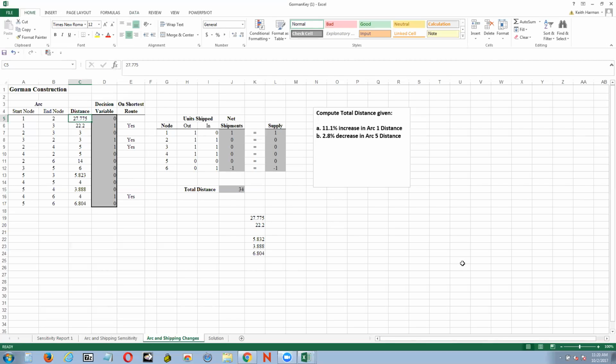And if you go over and take a look in the textbook, at the bottom of page 276, you'll see that originally the distance between node 1 and 2 was 25. So I added 11.1%. And I also did a decrease in arc 5.